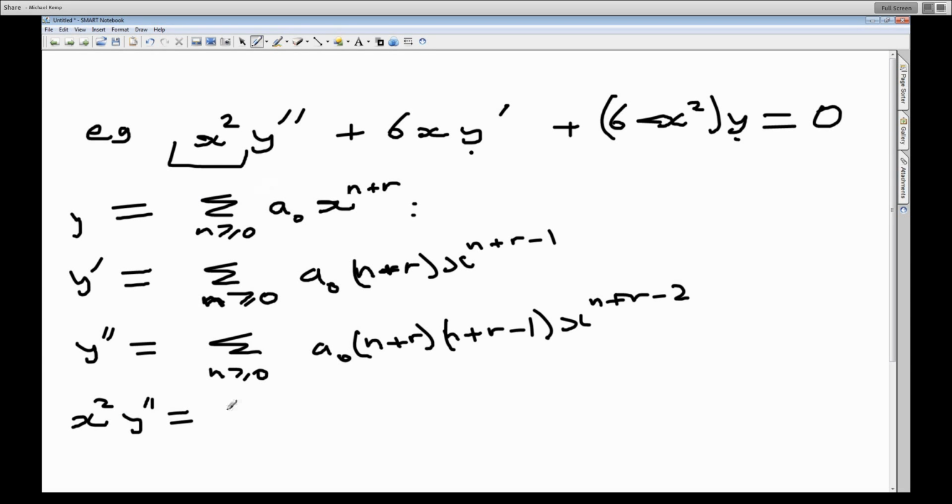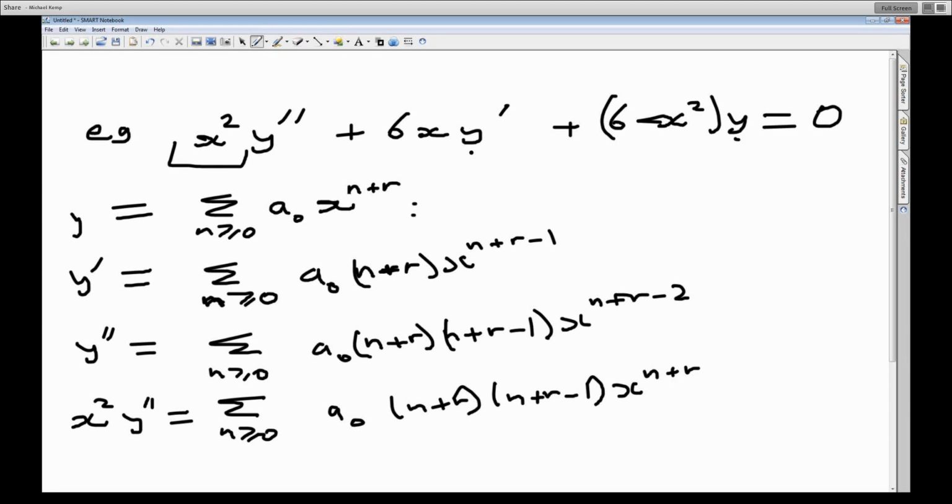If you multiply by x squared, essentially it's going to add 2 to all the powers. So it's going to look almost the same thing. It's a_n, and n plus r, etc., x to the n plus, and the minus 2 and the plus 2 cancel out, which is good.